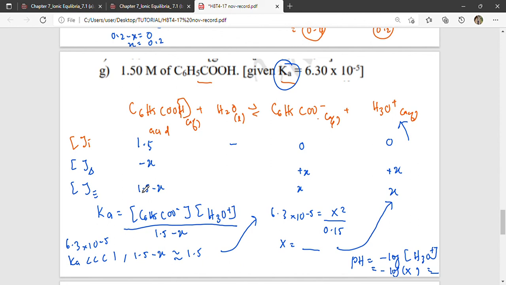Although I've only shown you the reaction of strong acid and weak acid, it is similar to the reaction of strong base and weak base, but the value that we calculate is the value of pOH first, and then we convert it to pH. So you can try it on your own, and we will discuss more about pOH in the next lesson.